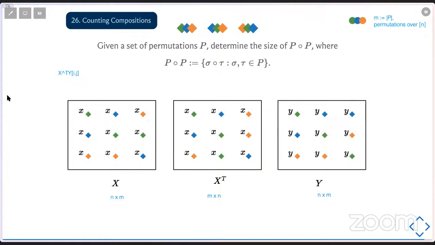So the ith row of X transpose, which is really the ith permutation in my collection, gets multiplied with the jth column in Y, which is the jth permutation in my collection. So the ijth entry in X transpose Y is the scalar product of the ith permutation and the jth permutation. And Janki is already suggesting that this is capturing the composition of these two permutations.